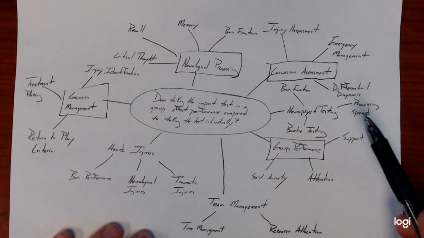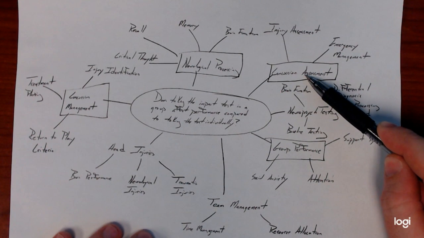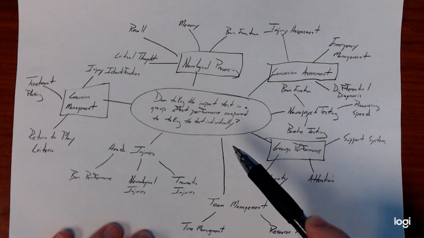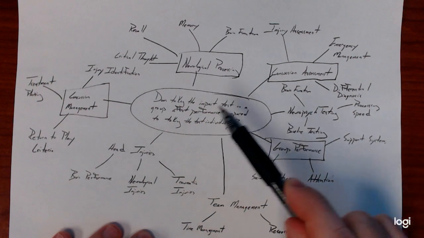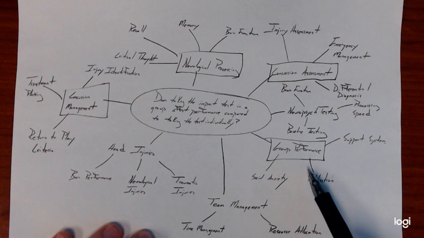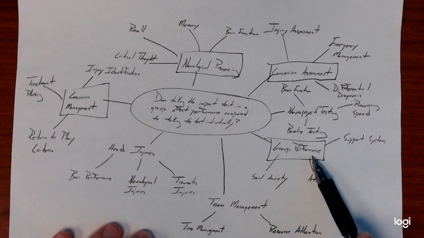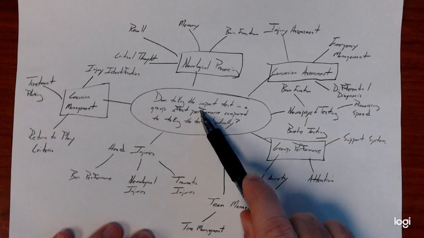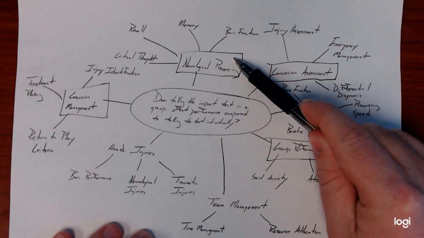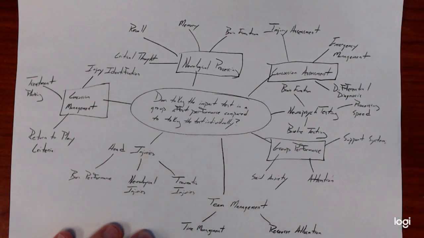So we need to understand concussion assessment in order to understand our question. We need to understand how people perform differently in groups to understand our question. We need to understand neurological processing, right? And so on and so forth.